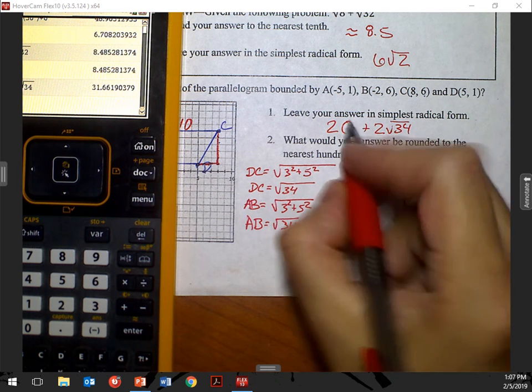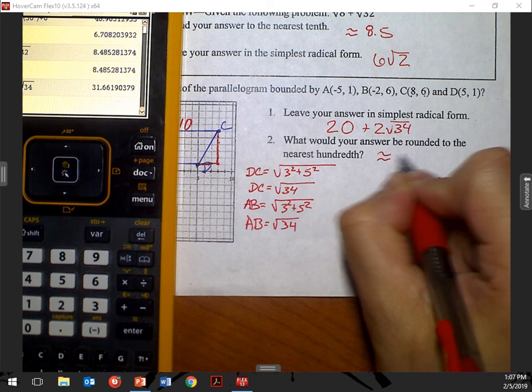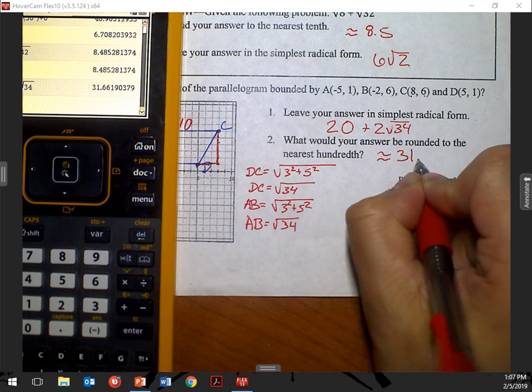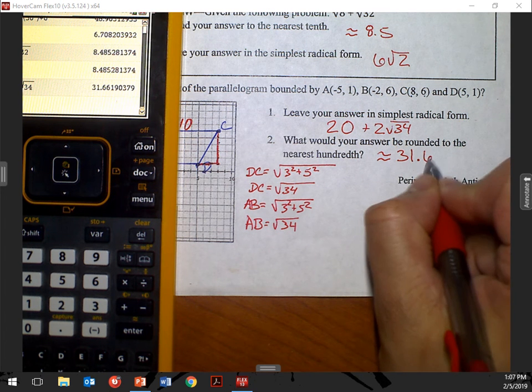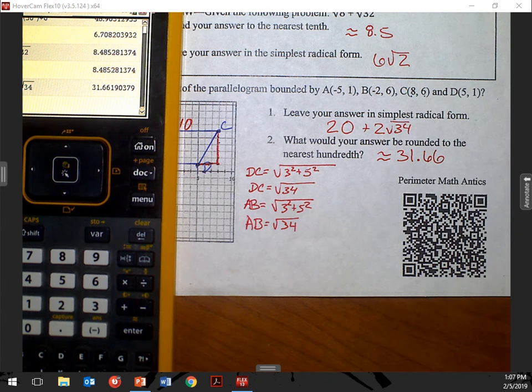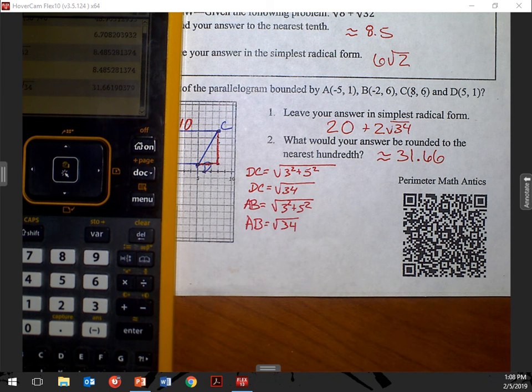So it's going to be about 31.66. A hundredth is 2 place values. 31.66. Yes, because the number on the right hand side of that is a 1. That's not going to make the 6 go up. Does that make sense? Yes, sir.